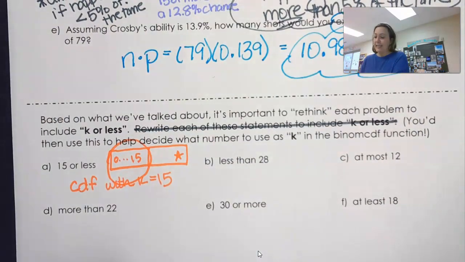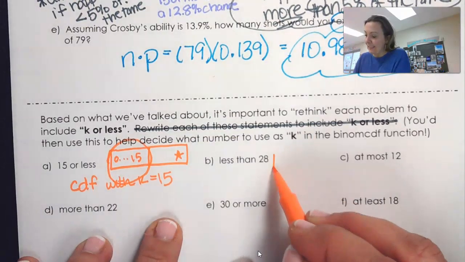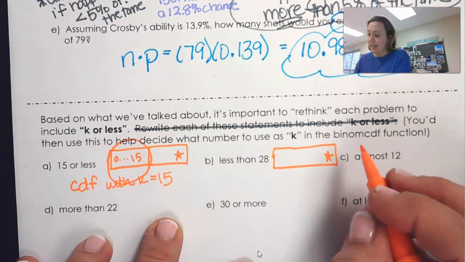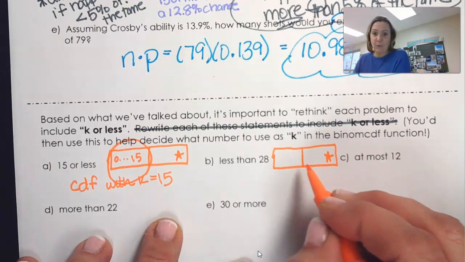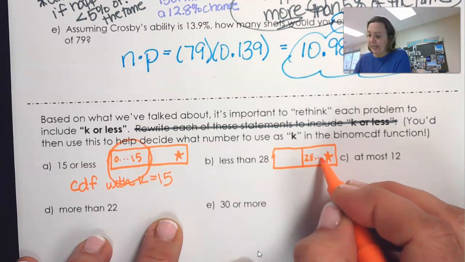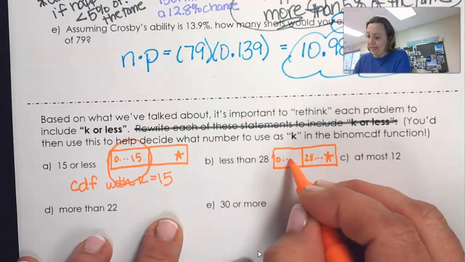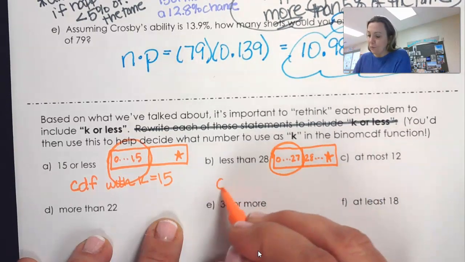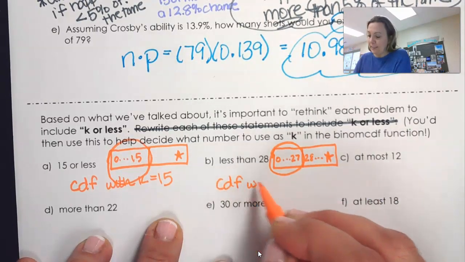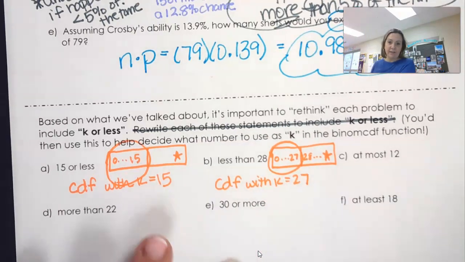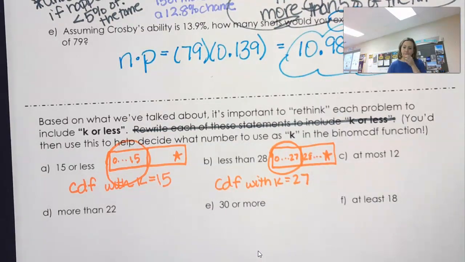Okay? Let's say that I want less than 28. Here's my total. I want things less than 28. So I don't want to include 28. Less than 28 is everything 0 to 27. So what I would do is I would use CDF with K equals 27 in that last spot.